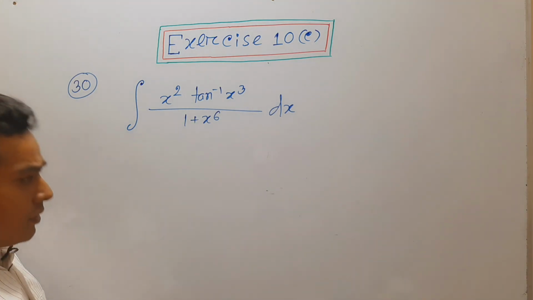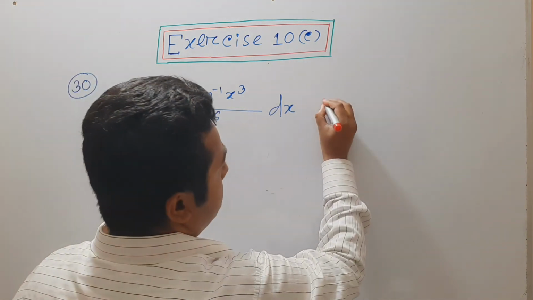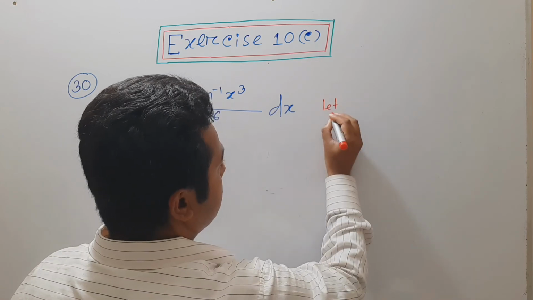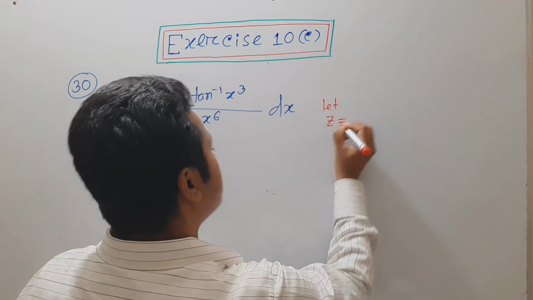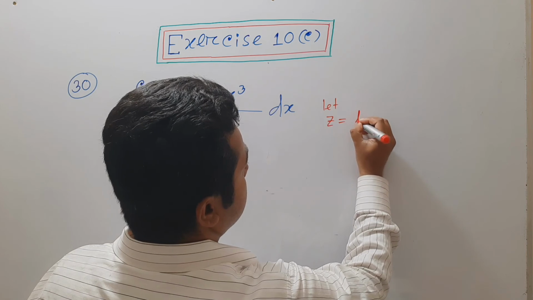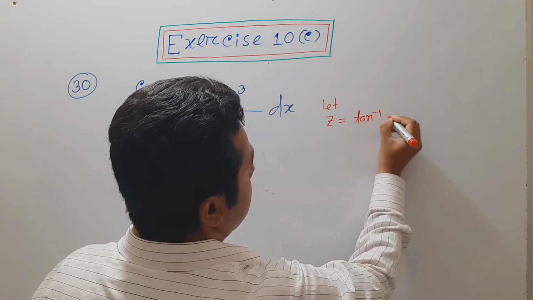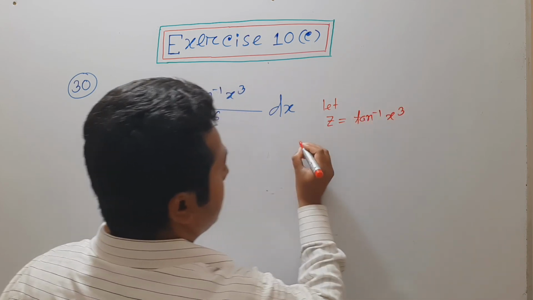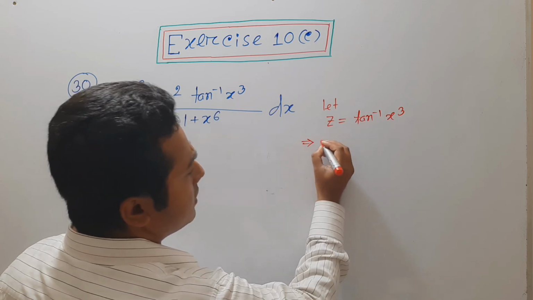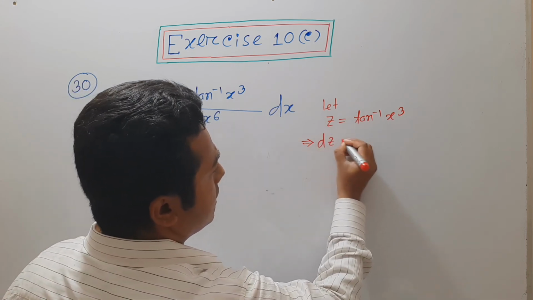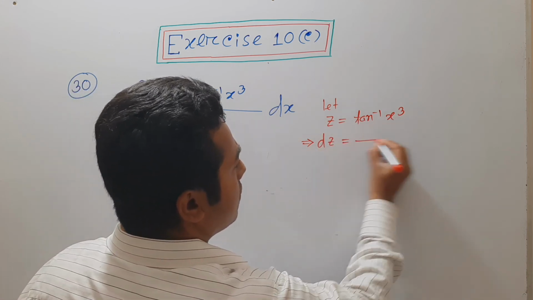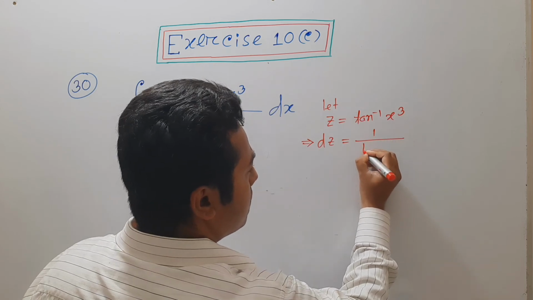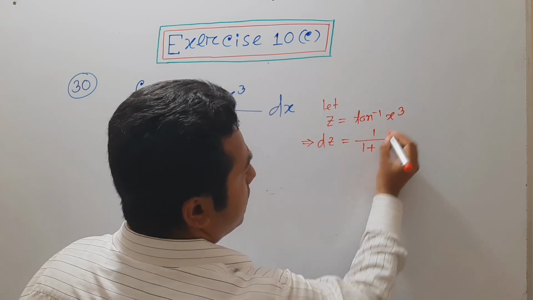So let's consider z is equal to tan inverse x cube. Now by the differentiation dz is equal to 1 divided by 1 plus x square.